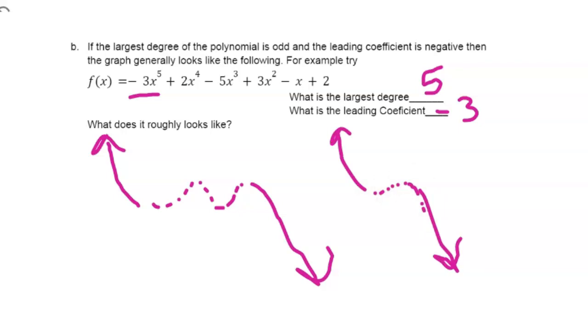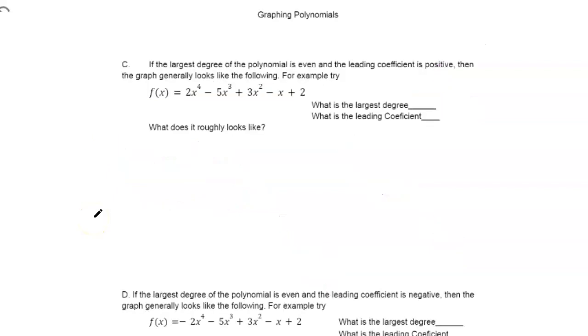We just don't know, so we'll have to fill in this middle part at a later date, based on roots and things like that. But that's your end behavior if your degree is odd. Okay, so what about having an even degree? Here, your degree is even because it's a fourth power.